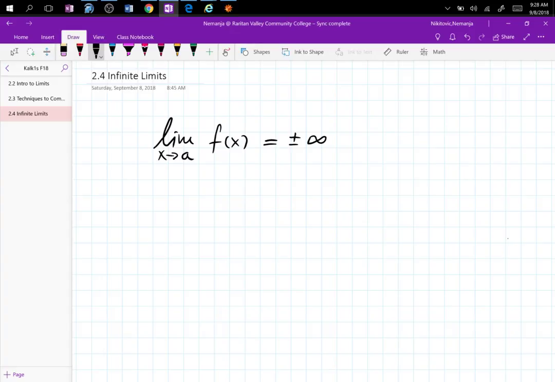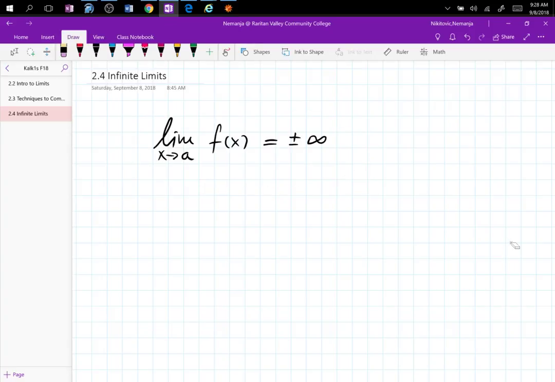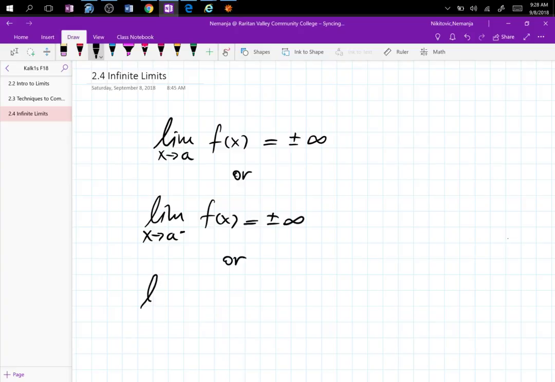We also have the two one-sided limits that would lead to this: the limit as x goes to a minus, which is from the left, and then from the right, x goes to a plus. So these are the limits which we are considering.